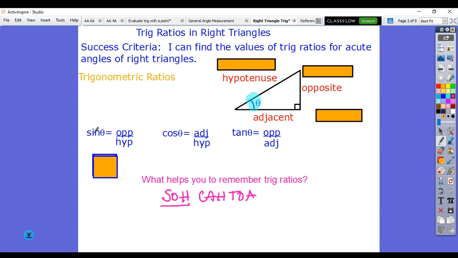So is sine, O over H. CAH, cosine, A over H. TOA, tangent is O over A. So really it's just ratios of each of these trig functions. So SOHCAHTOA and the ratios.